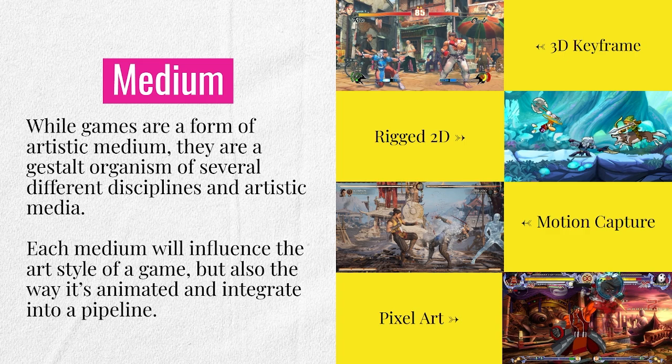We have keyframe, we have rigged 2D, we have pixel art, and we have motion capture. And I have all these fighting games that have different, essentially, pipelines because that's the medium of choice. Each medium will have a lot of knock-on effects on the pipeline. Massive knock-on effects. Everything you'll do will have knock-on effects in the pipeline, but this is where we're going to kind of start.